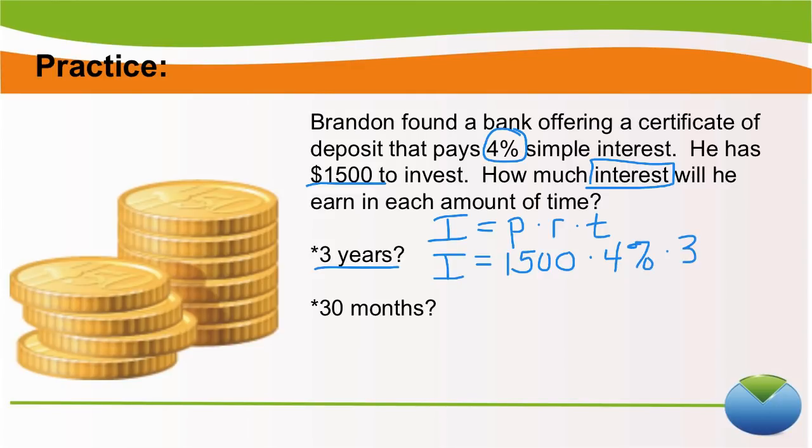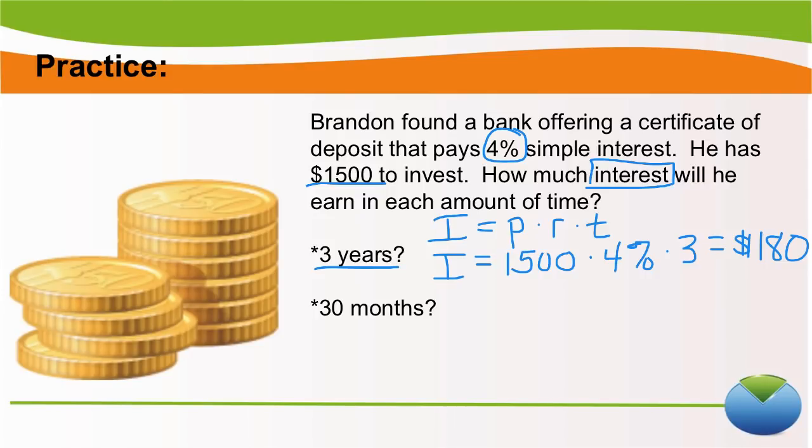So I want you to pick up your calculator. You're going to type in the money, 1,500, times 4, and hit the percent key, times 3 years, and hit enter. So the amount of money that Brandon is going to earn in 3 years is going to be $180 extra that he's going to earn above the $1,500 he invested.